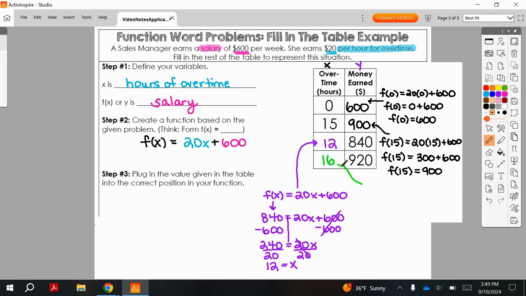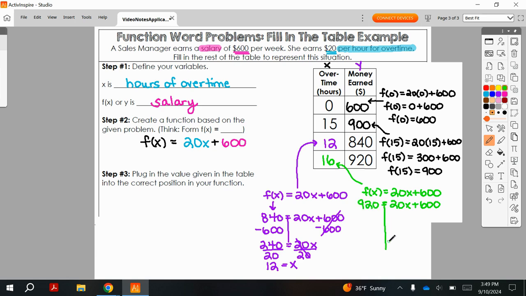Of course, we want to show our work here and try it by hand. What I do is I keep that function f of x equaling my 20x plus 600. Keeping the x, we go ahead and erase and replace the f of x y value with 920.